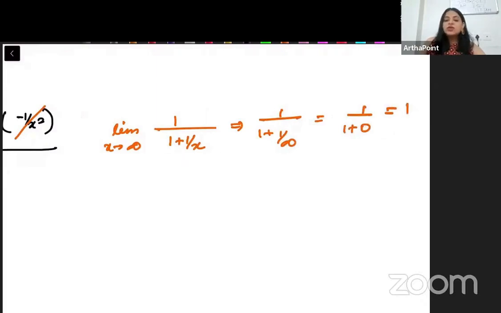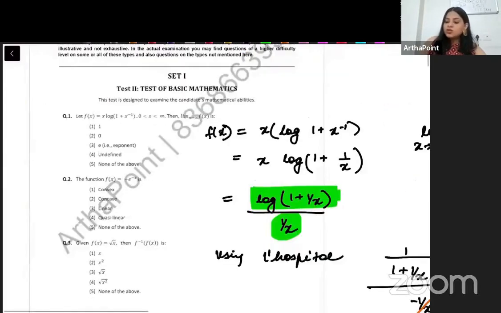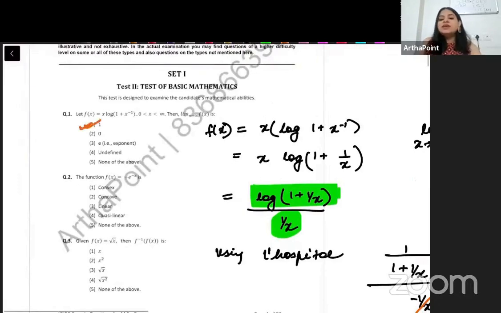So the answer to the first question is 1.